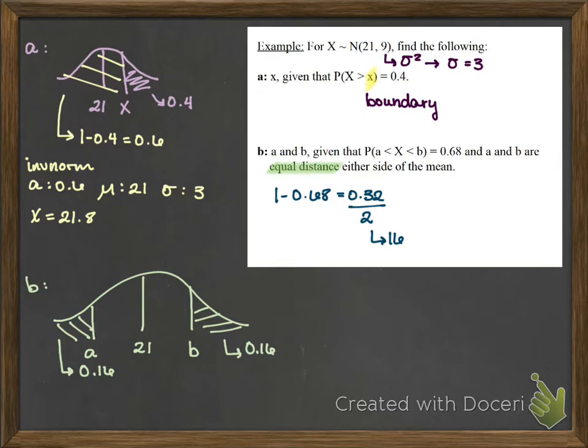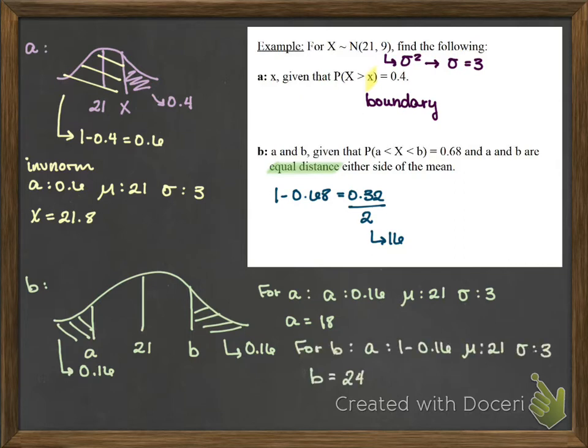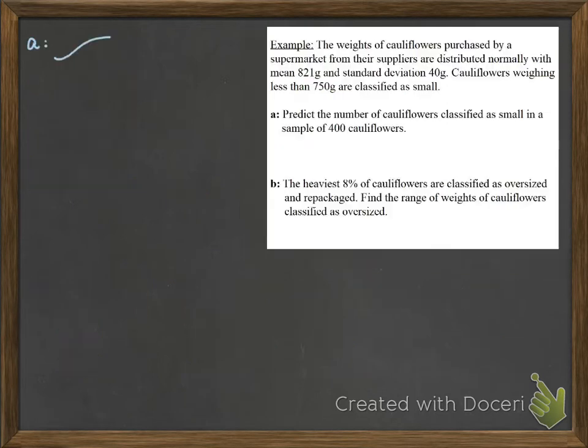Starting with A, because we have that area to the left of it, we have area is 0.16, mean and standard deviation 21 and 3 still, so A is 18. Now for B, we have the area to the right. So getting that area to the left, we do 1 minus 0.16, put it in, and we get B to be 24.